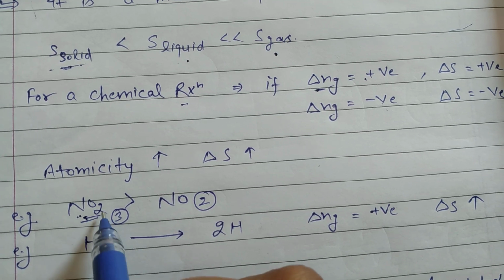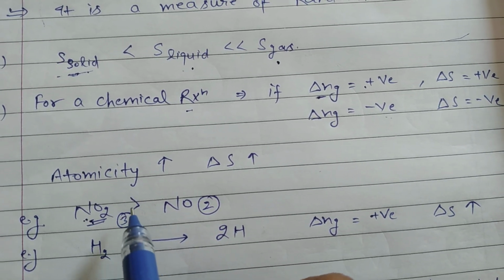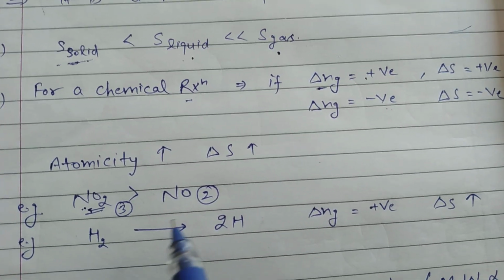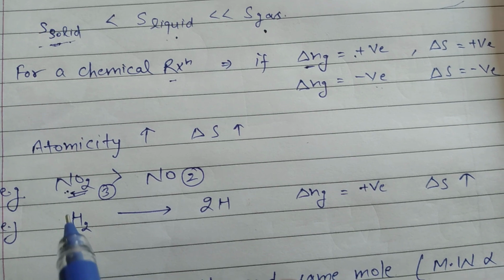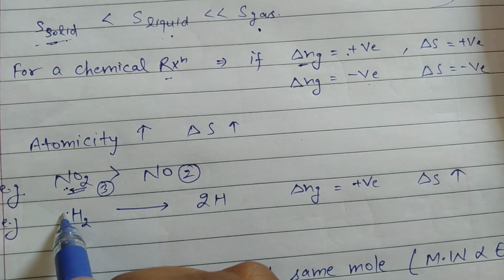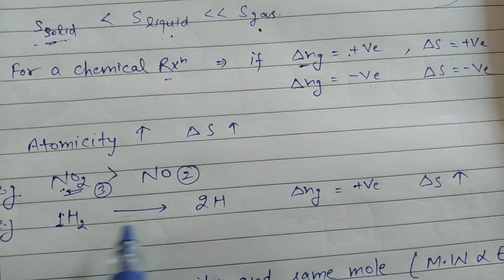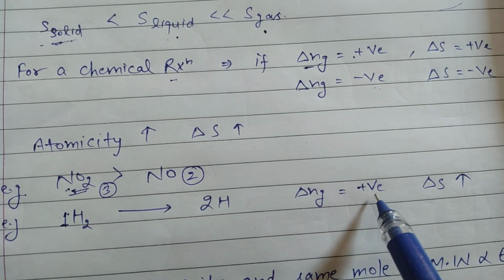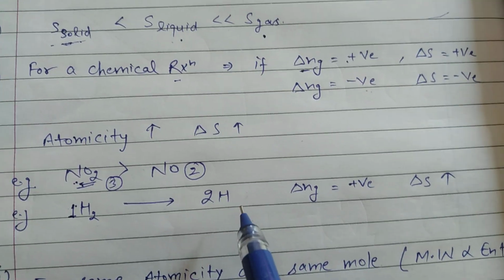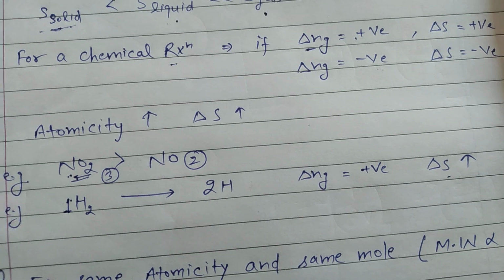So NO2 has high entropy as compared to NO. We can compare in this example also. Here the change in the number of moles for this chemical reaction is positive, so the overall entropy of the system will increase for this reaction.